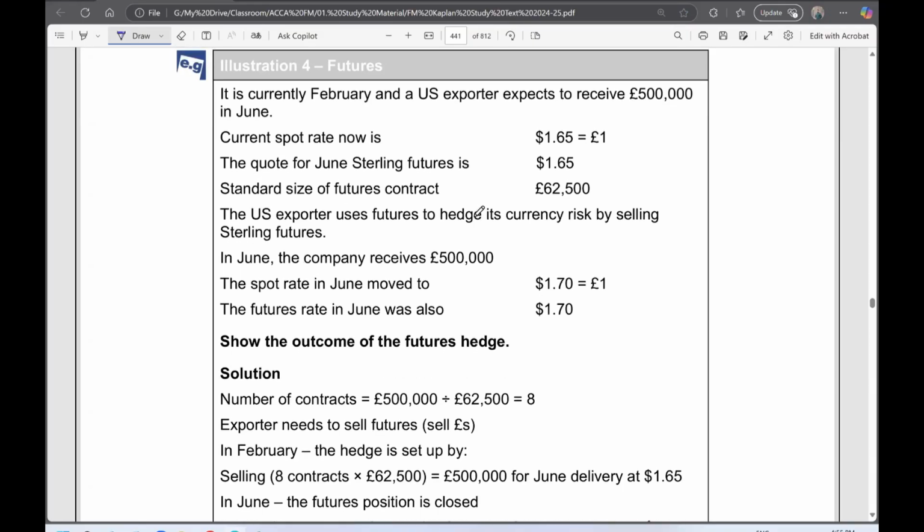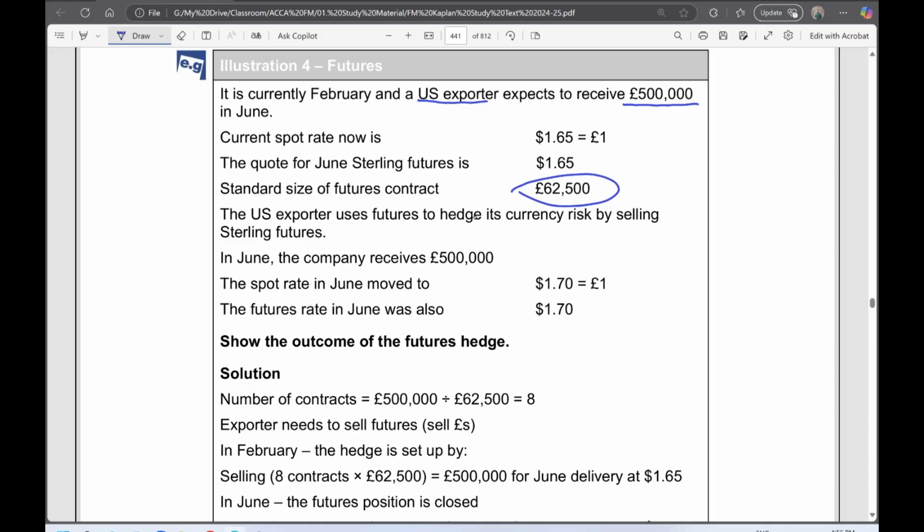It is currently February, and a US exporter expects to receive 500,000 pounds in June. In the Chicago market, the pounds standard size is 62,500.